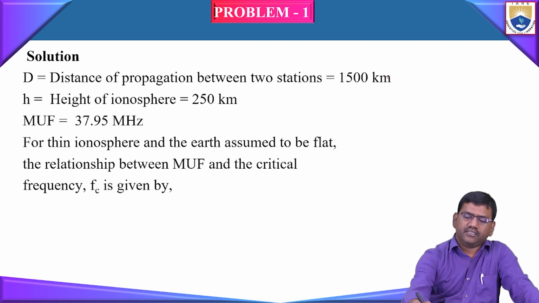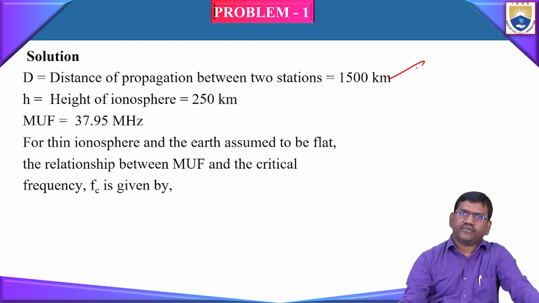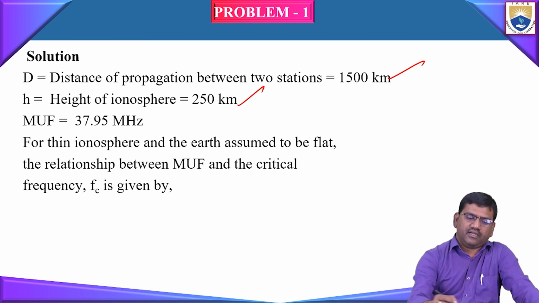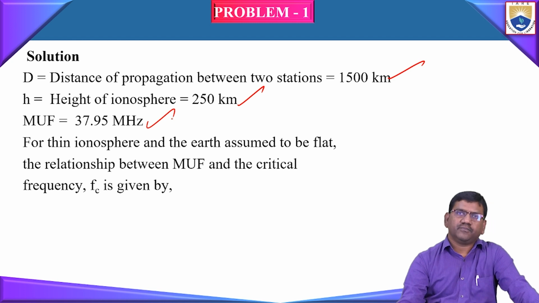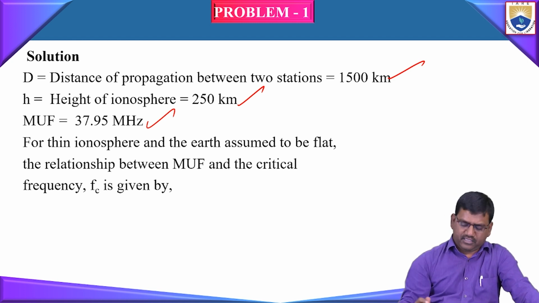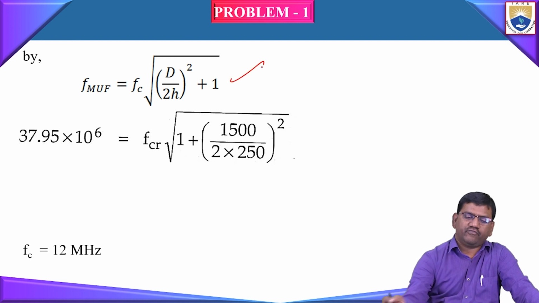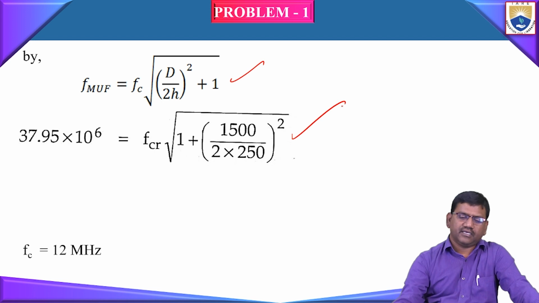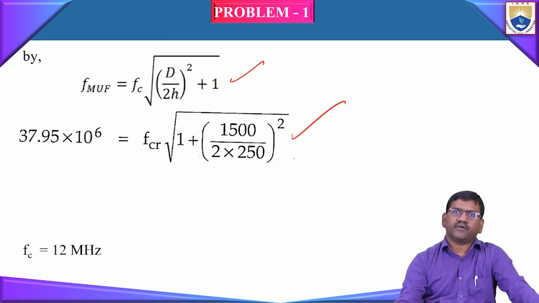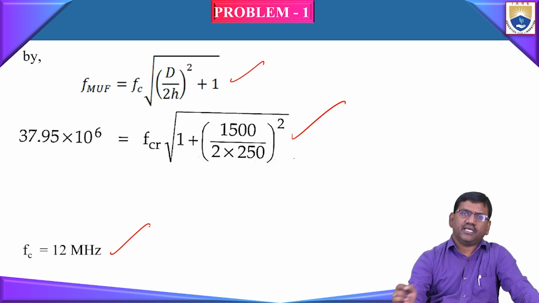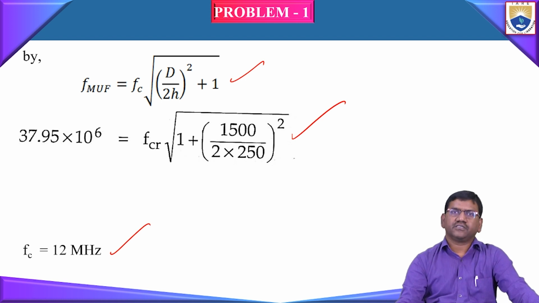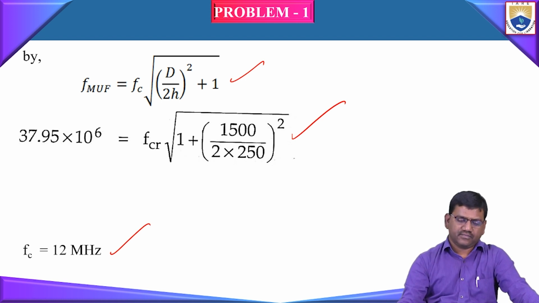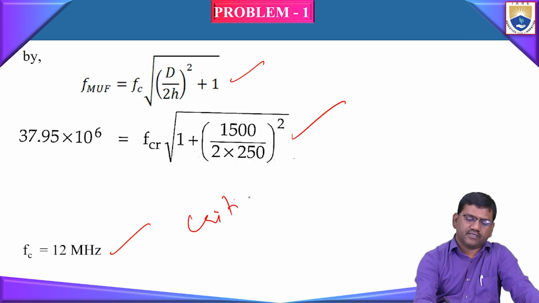In the problem, the distance of propagation d is 1500 kilometers, h is equal to 250 kilometers, and MUF is 37.95 megahertz. We substitute the values of d, h and MUF and simplify, and we get Fc approximately equal to 12 megahertz. This is the critical frequency.